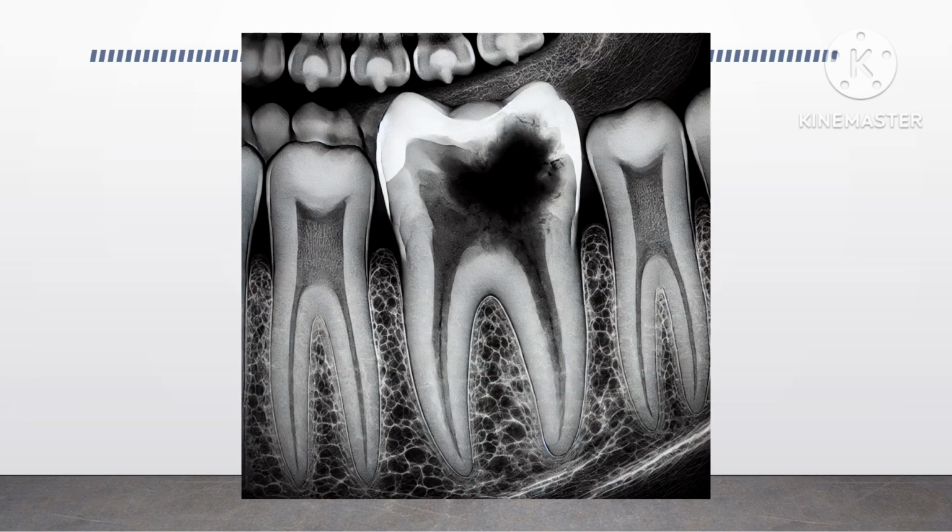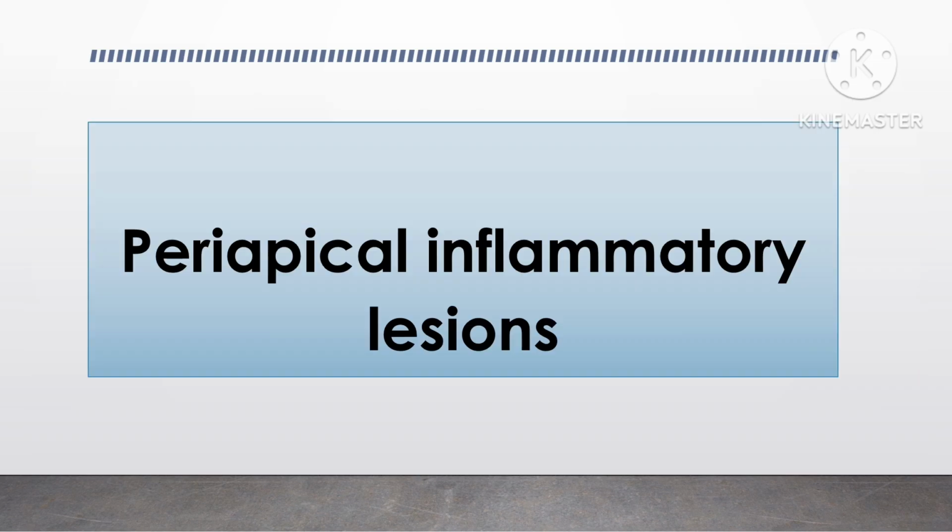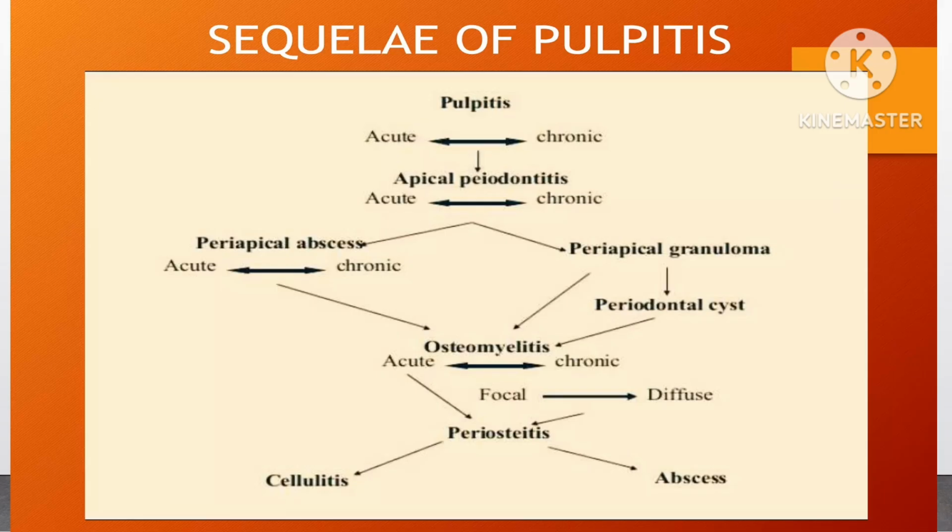The second cause is non-inflammatory, non-tooth related or non-odontogenic causes. These are not directly related to tooth problems but can include things like tumor, cyst, or infection that aren't related to the tooth itself.